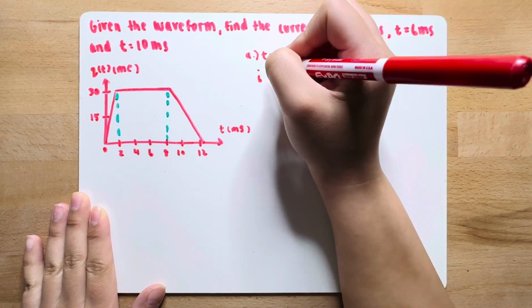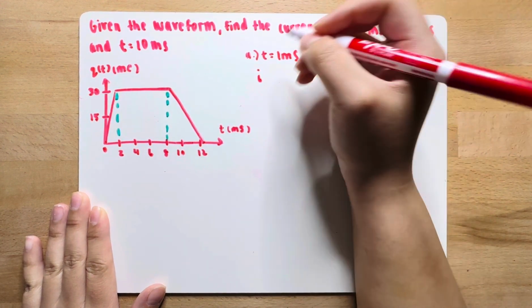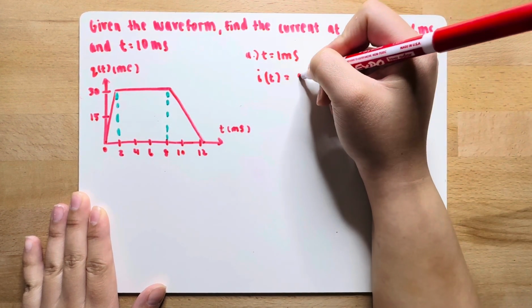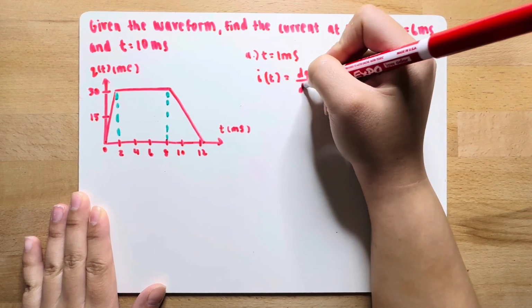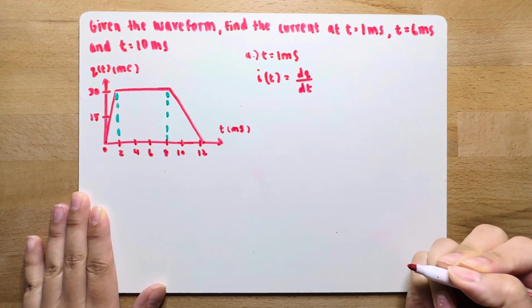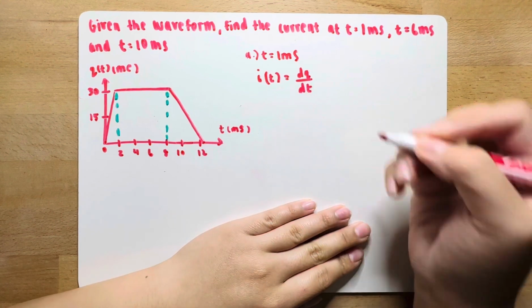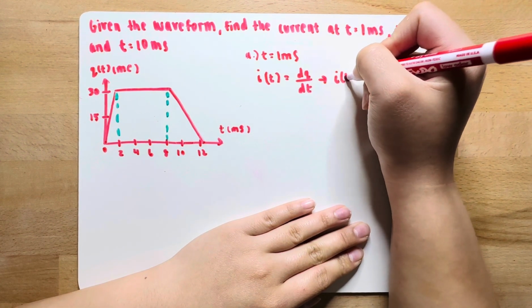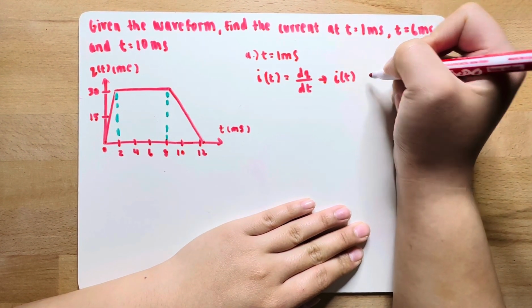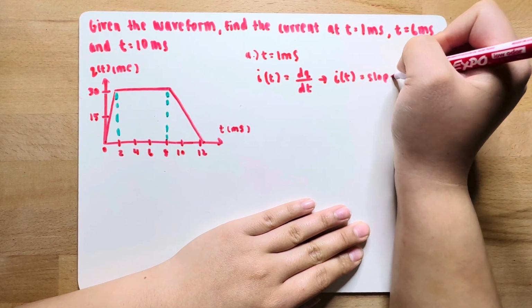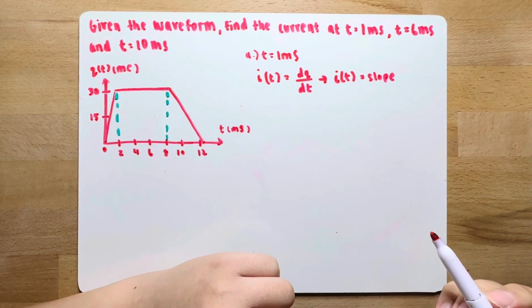So we want to recall that the equation for current over time is equal to the derivative of charge over time. Okay, so derivative is just slope. Therefore, the current over time is just going to be the slope of the charge.